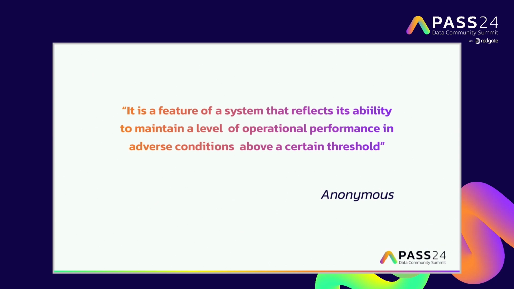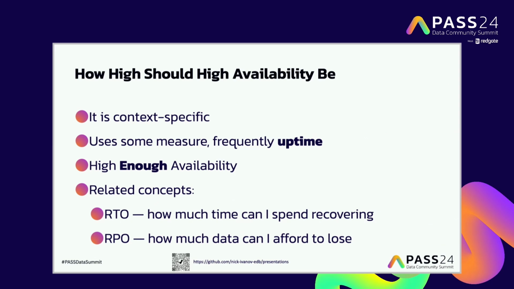Then you can say it achieves the availability that is high enough for the case. So high availability is always context specific. What is high for you may not be nearly high enough for the next person. So you always have to look at what it is that you want to achieve by configuring a highly available system. So you need some measure.